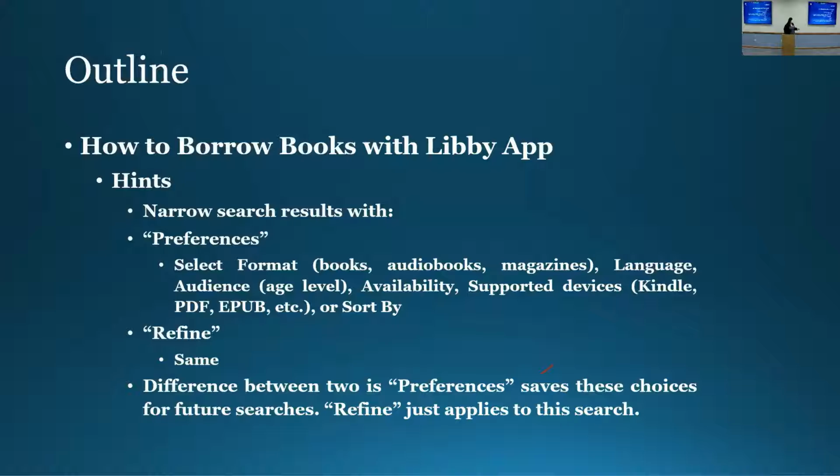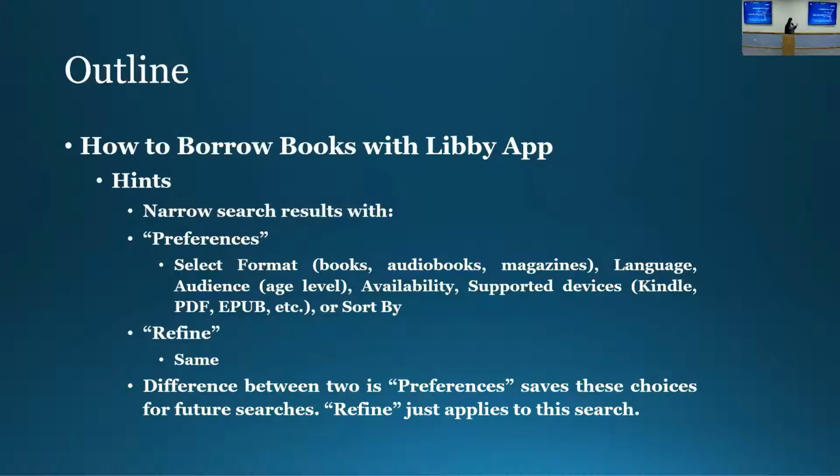How to search within it, I mean, sometimes there's just too much. If you've ever gone on that and tried to find something and you have all these results. So to narrow it down, you can select your preferences: the kind of books that you're looking for, if you're looking for specific audiobooks or magazines, the language, the audience, especially for those with kids, the availability, if you don't want to wait and you're looking for something to read now.